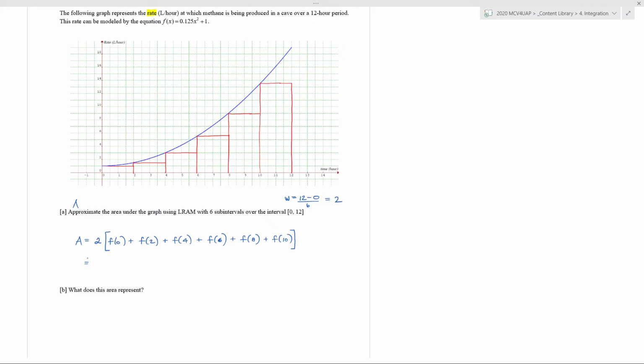So give me a minute. If you have your calculator there, you can try it and verify that I've done this right.